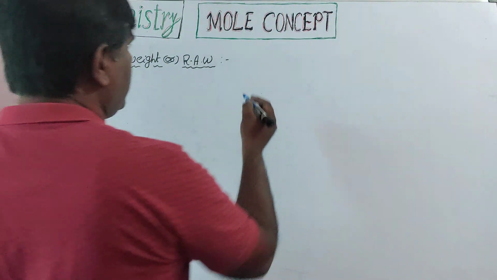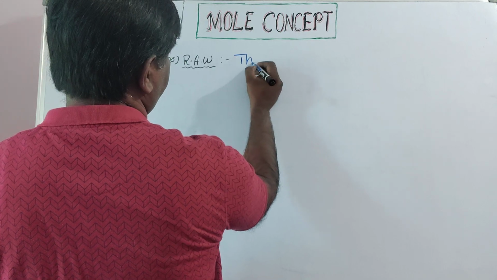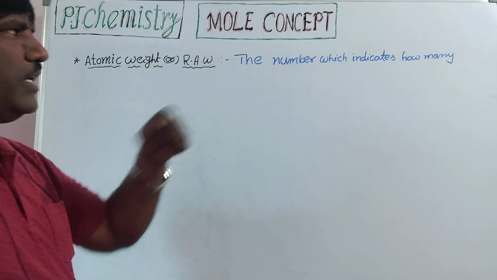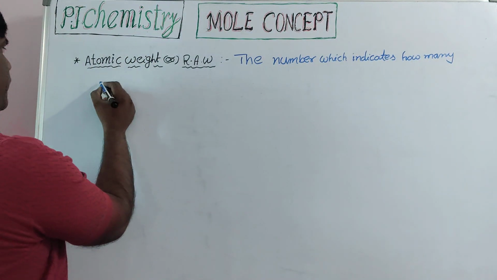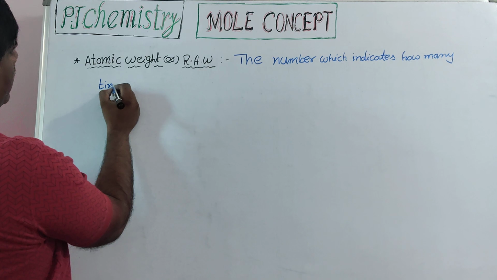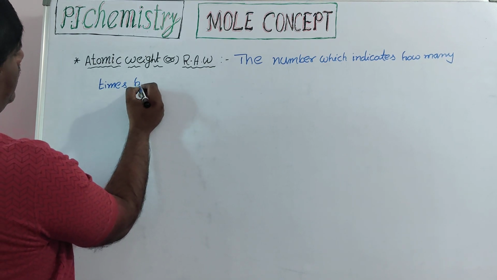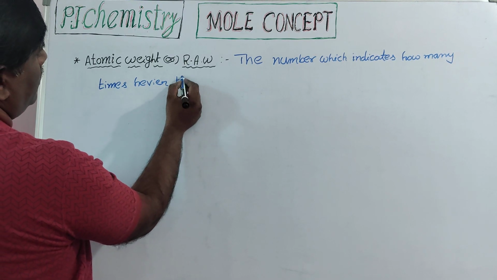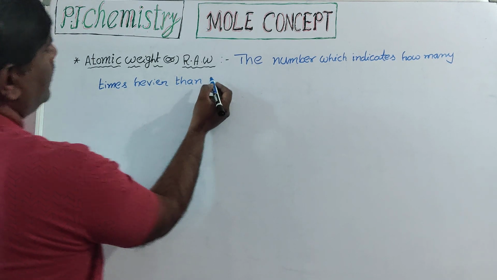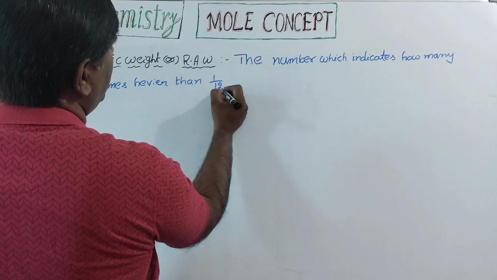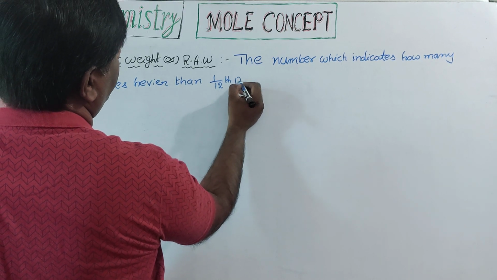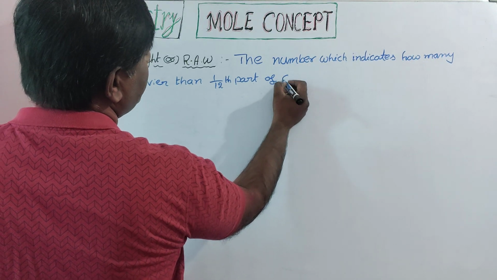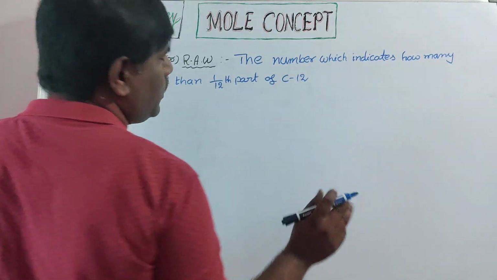So the number which indicates how many times heavier than 1 by 12th part of the C12 isotope.